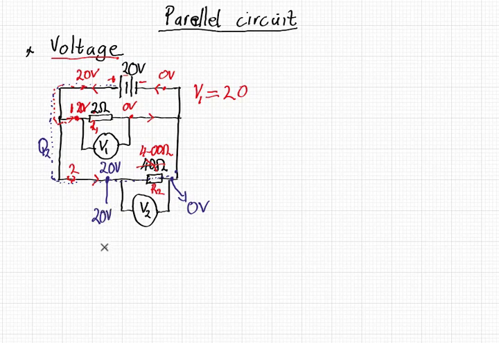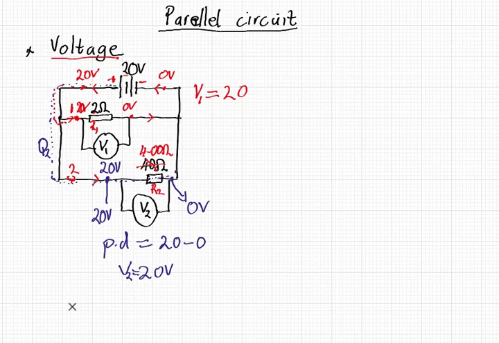So what is the potential difference? Potential difference is equal to 20 minus 0. That is 20 volts, which is the value of V2. So V2 is 20 volts. I really hope we have understood.